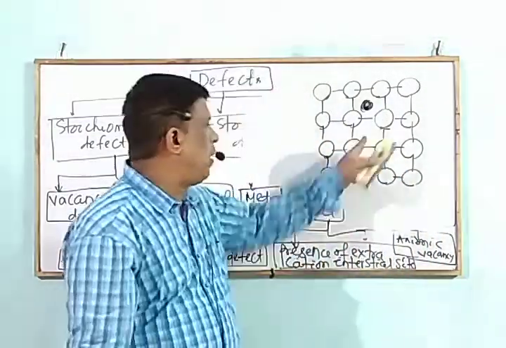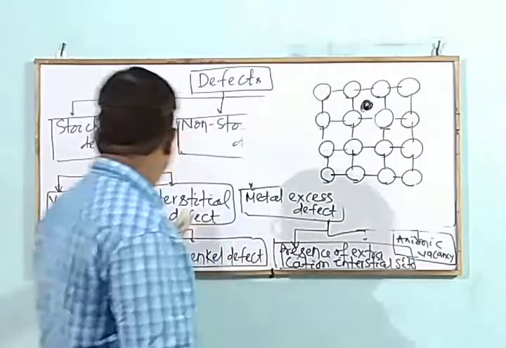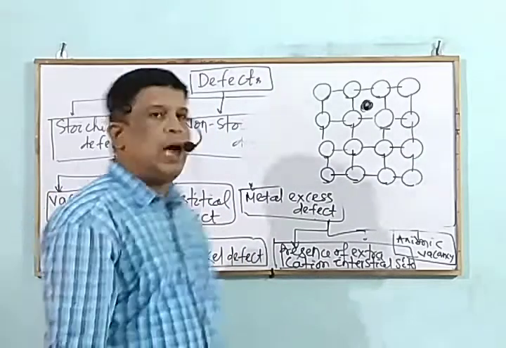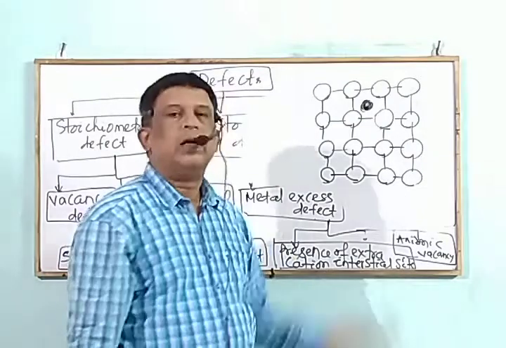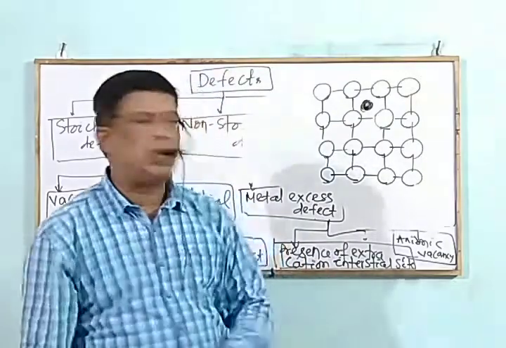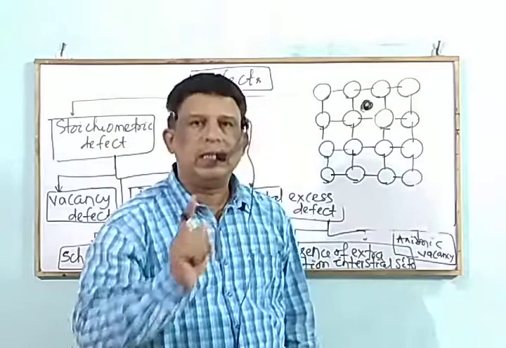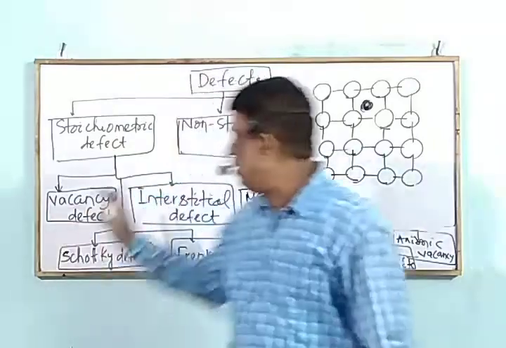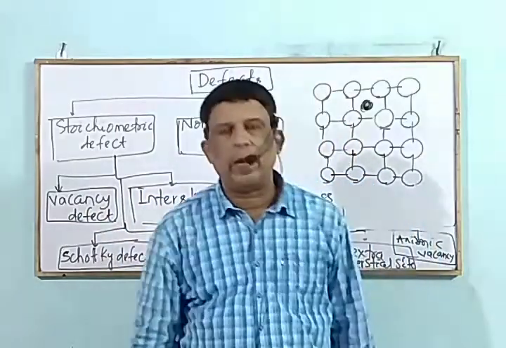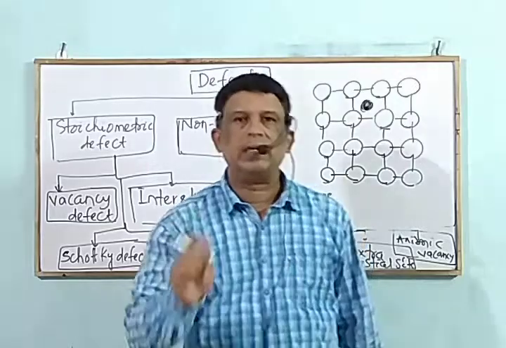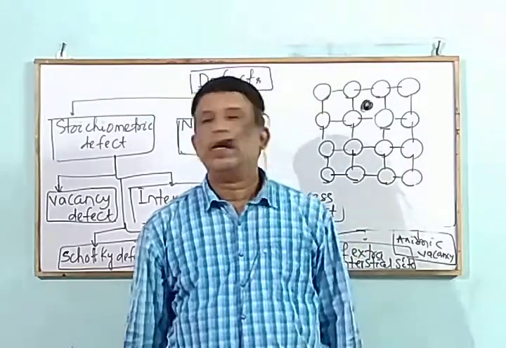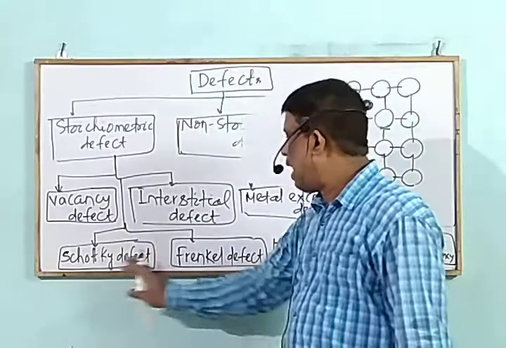So this type of defect is known as interstitial defect. For the case of non-ionic solid, there is no decrease in the density here, while in the previous case, in case of vacancy defect, there is a decrease in the density.